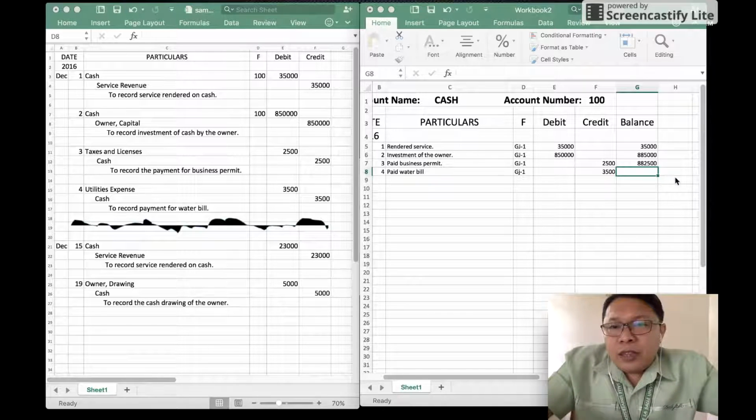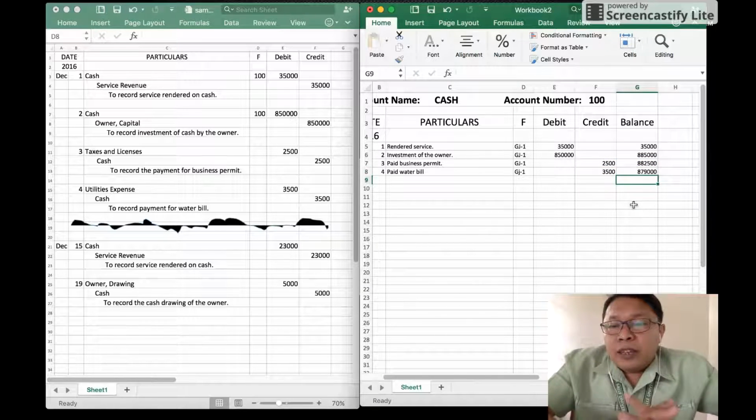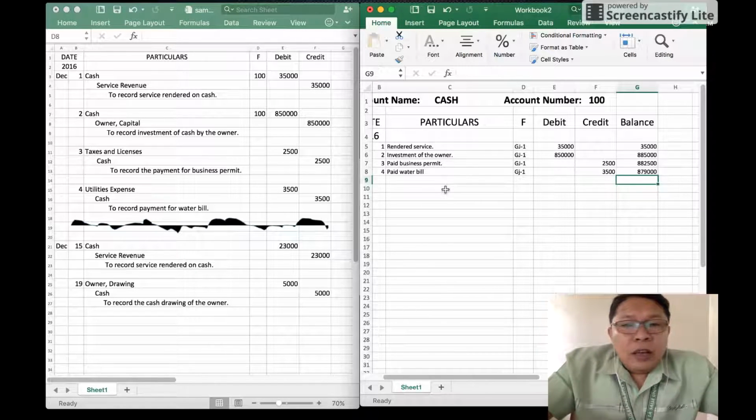So getting the difference between 882,500 and 3,500, we now have a balance of 879,000. So that is posting our fourth entry.